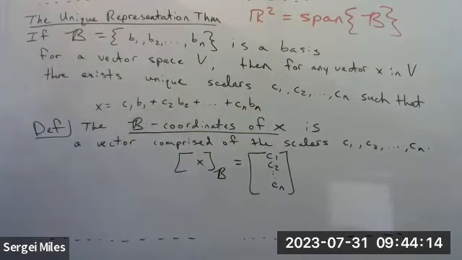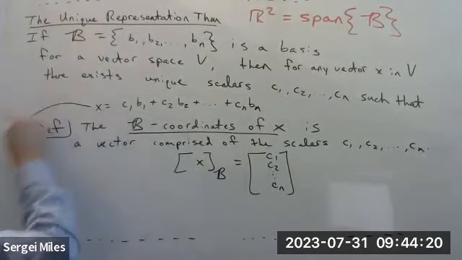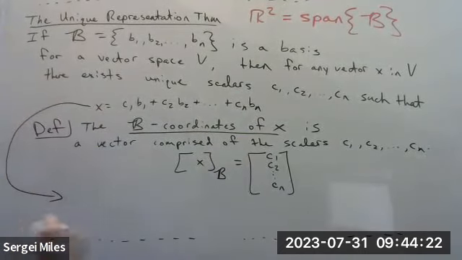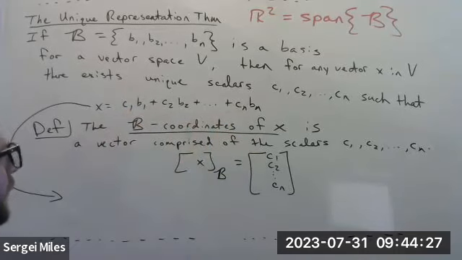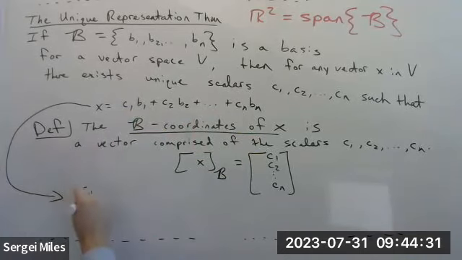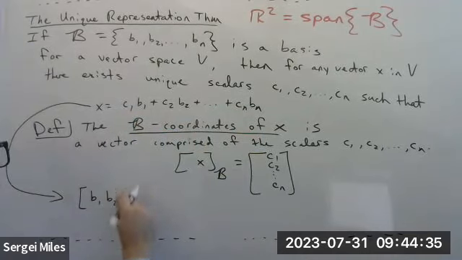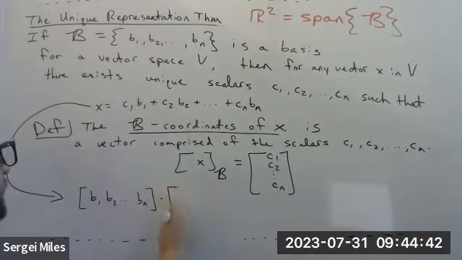Now in practice, how do we actually find the scalars? Well, look what we're doing here. This is just a linear combination, right? And we know all linear combinations can be rewritten as matrix multiplication, where I'm taking my basis vectors and they're getting multiplied by scalars.